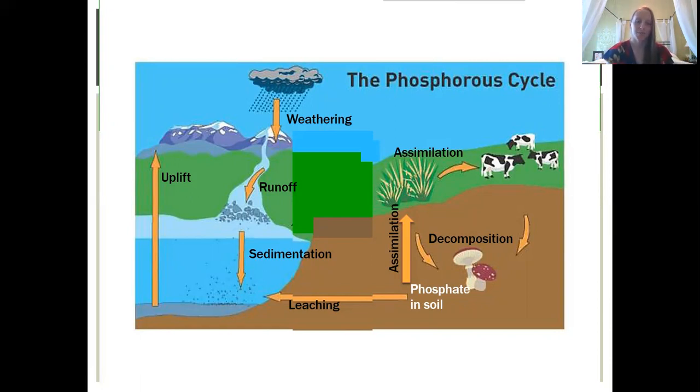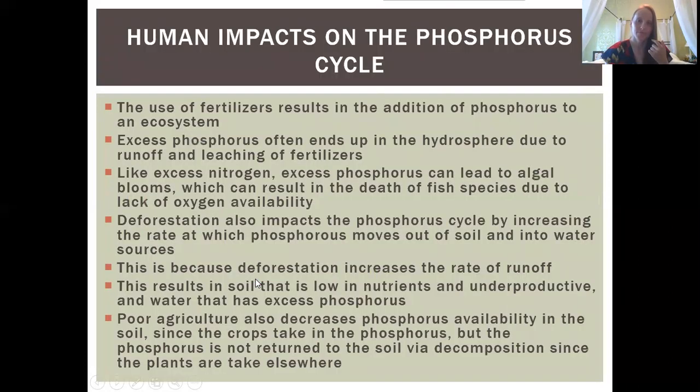And then the last process is over hundreds of thousands of years, that lake bed or seabed or whatever is slowly going to be lifted up through the process of geologic uplift until it is once again exposed to the weather, and that little process can continue again.